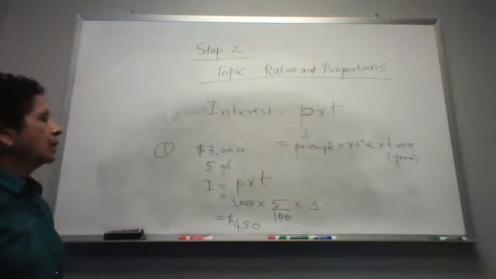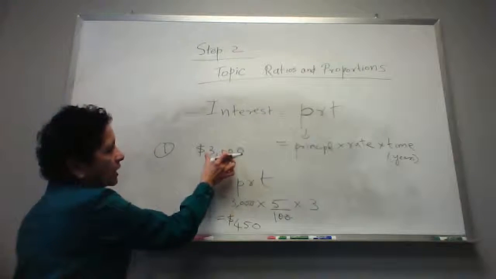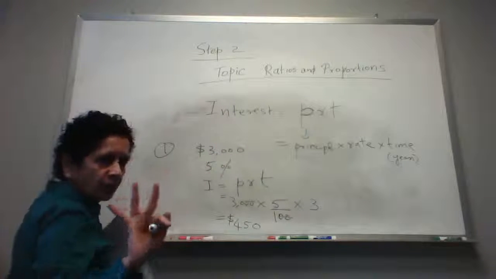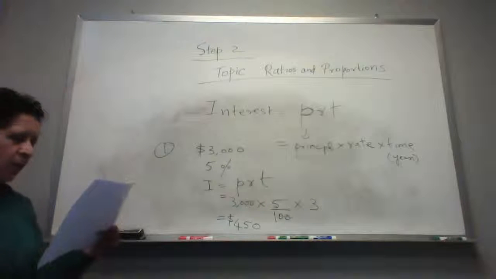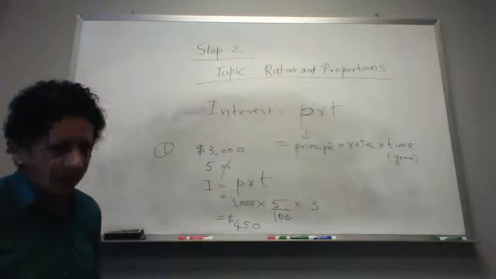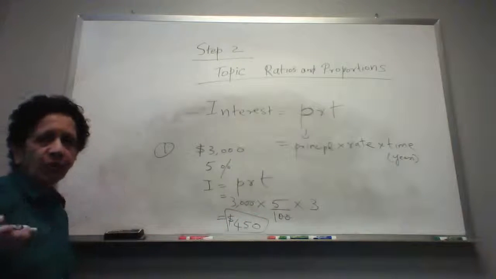So that is the amount of interest you would have earned in 3 years. Okay? So sometimes they ask you the question, so you are investing $3,000 today at a 5% interest rate, for 3 years, right? And what will be the total amount in your account in 3 years? Okay? So this $450 is the interest you have earned.